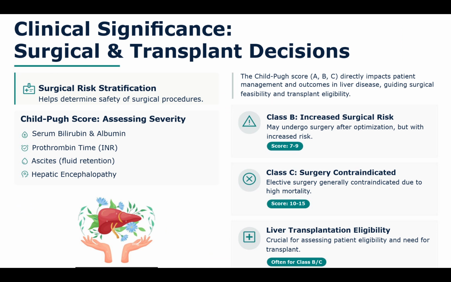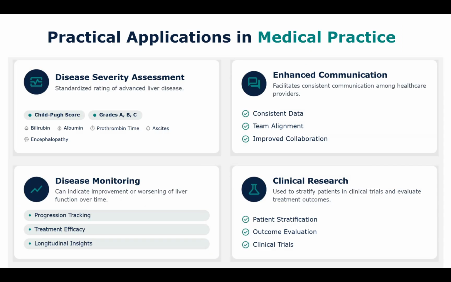For Class C patients, however, elective surgery is generally contraindicated altogether due to a high mortality rate associated with such procedures. Finally, the score is absolutely central to liver transplantation decisions. It plays a pivotal role in assessing a patient's eligibility for transplant and, perhaps most critically, the urgency of their need for the life-saving intervention.